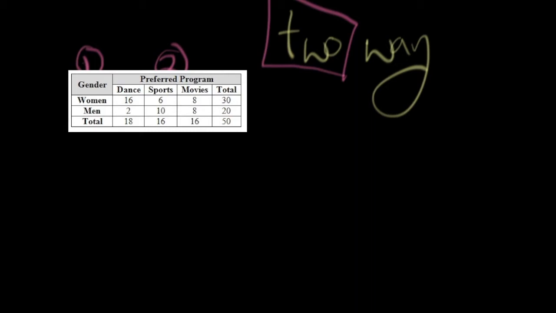Now there are some different parts of the table that we need to understand. There are some key numbers in here. This right here is the total, always in the bottom right-hand corner, the total amount of people asked.